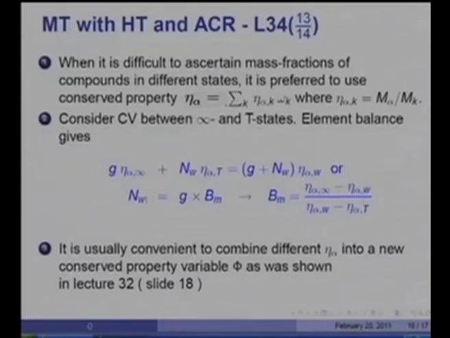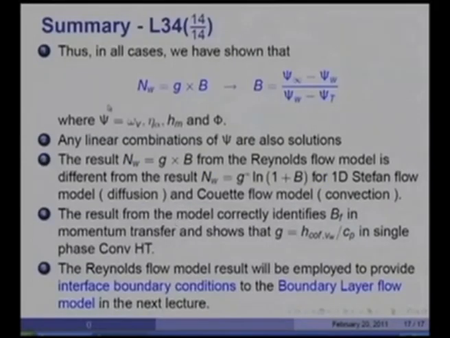Many times we will find that it is much more convenient to combine different eta alpha into a new conserved property variable phi, as was shown in lecture number 32, where we considered the burning of graphite. In all cases, we now find that the Reynolds flow model results into NW equal to G B, where B is equal to (psi infinity minus psi W) divided by (psi W minus psi T).